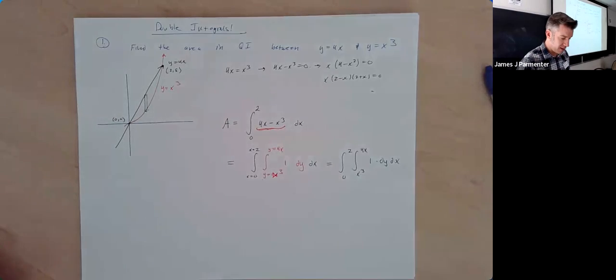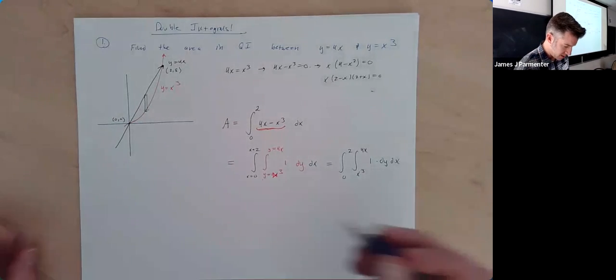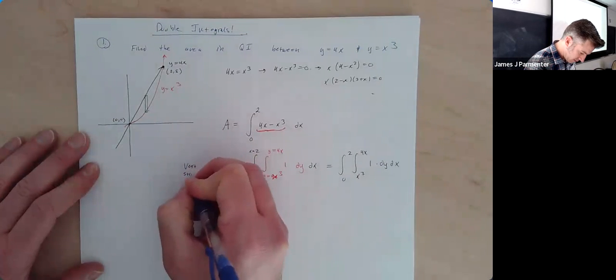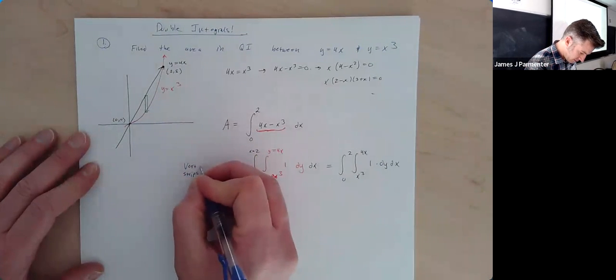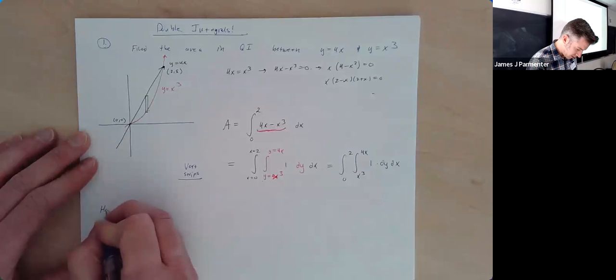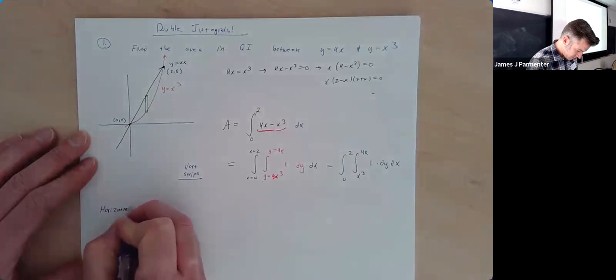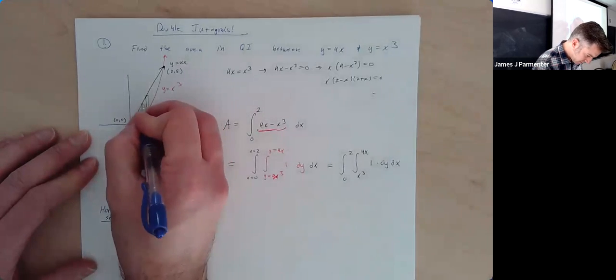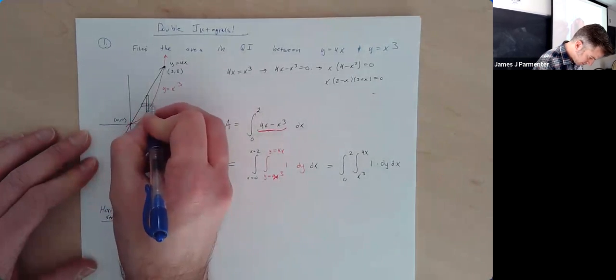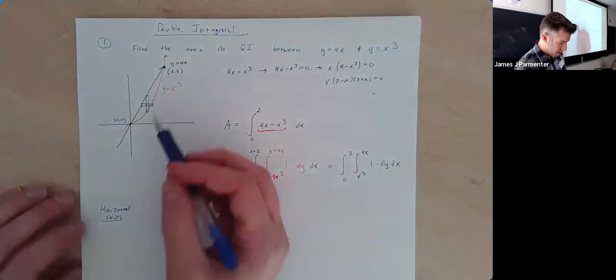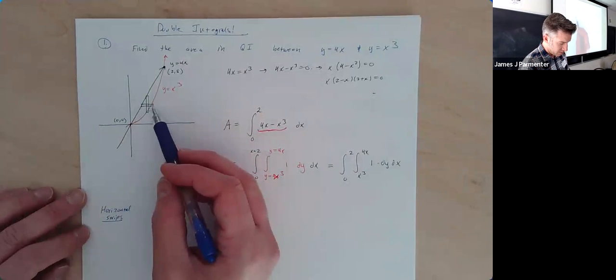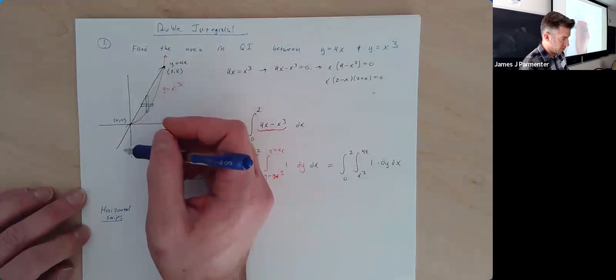So let's see if we can do it the other way. Instead of using vertical strips here, let's use horizontal strips. So now, to describe my rectangle width, I'm going to do the right function minus the left function.